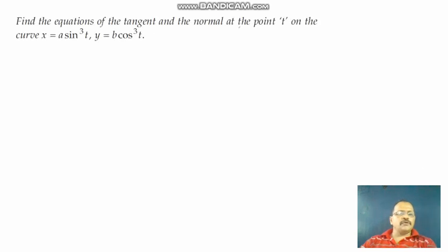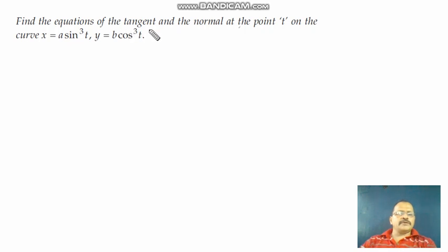Suppose the curve given to us is in parametric form. Then let us see how to find out its equation of tangent and equation of normal. One problem I have chosen for you. Find equations of tangent and normal at point t on the curve x is equal to a sin cube t, y is equal to b cos cube t.